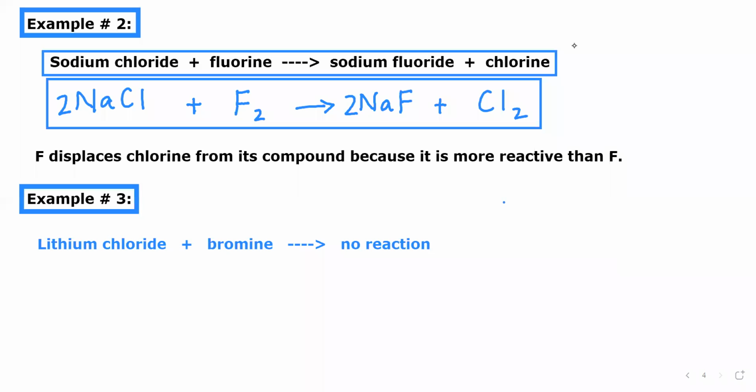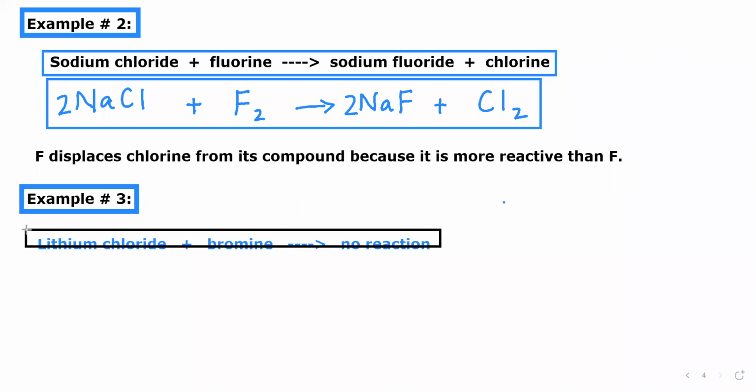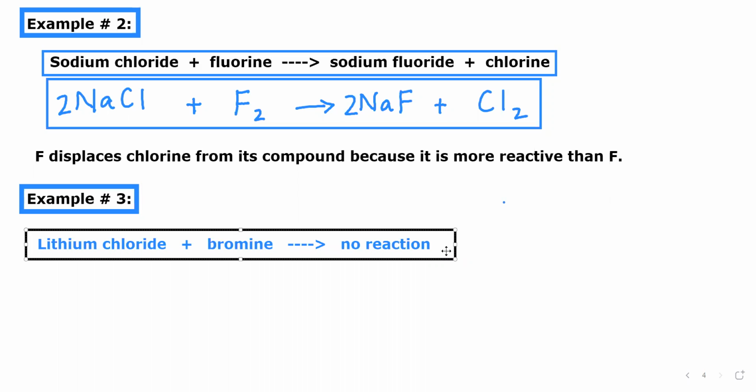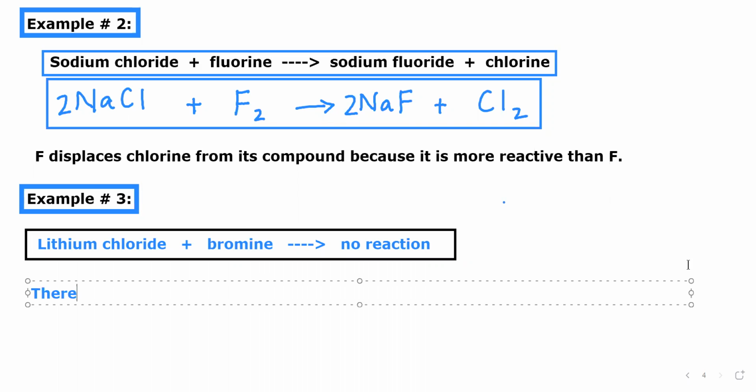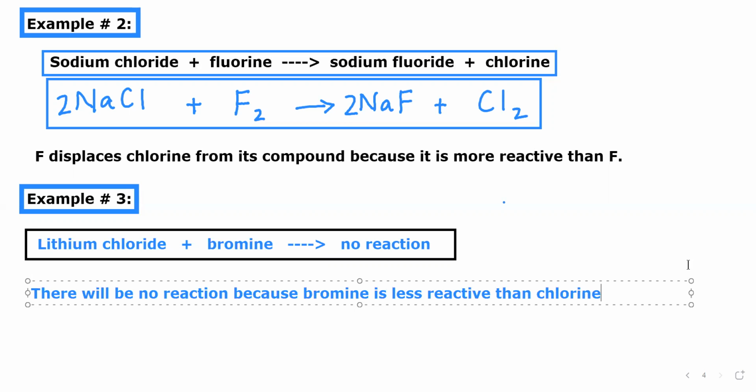Here we have lithium chloride reacting with bromine and no reaction occurs. And why is this so? We should be able to explain there will be no reaction, because bromine is less reactive than chlorine, so it cannot displace it.